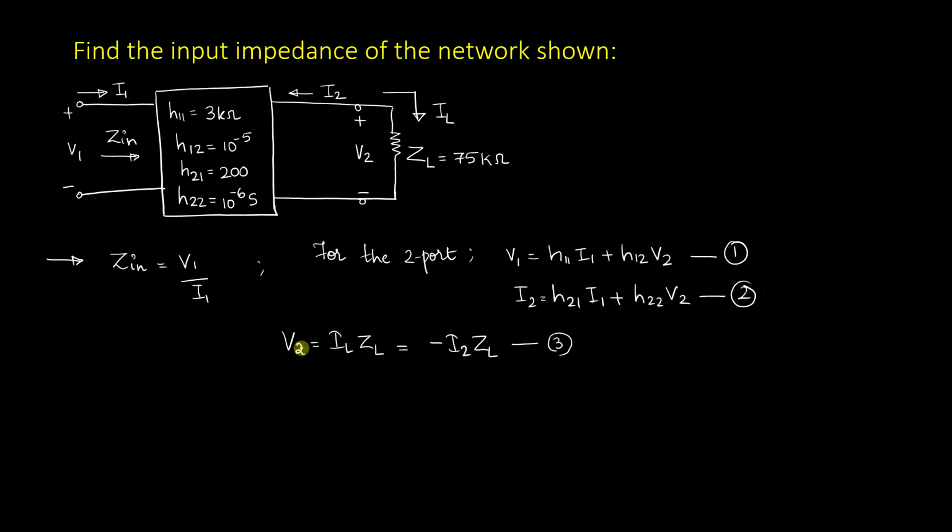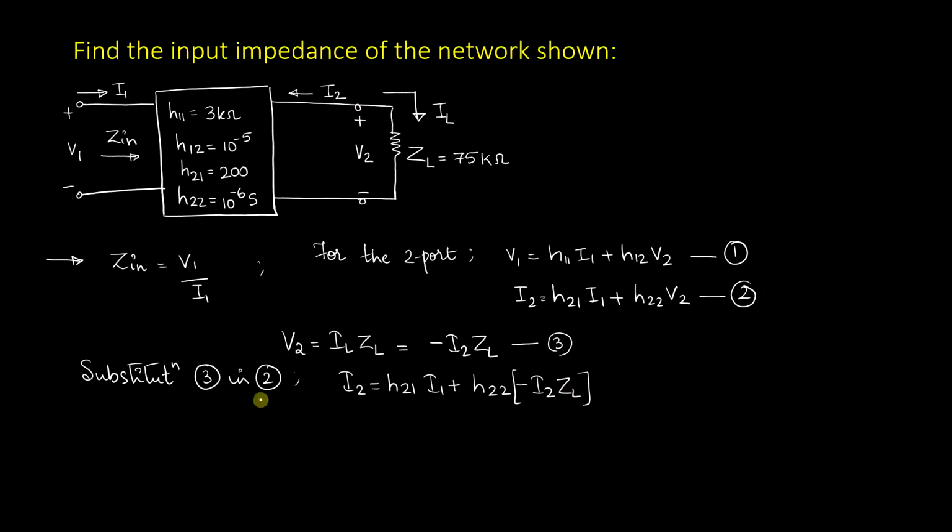Now we have obtained the voltage V2. Let me substitute this V2 from equation 3 in equation 2. I have I2 equal to H21 I1 plus H22 into minus of I2 into ZL. Let me rearrange this and compute the value of I2.